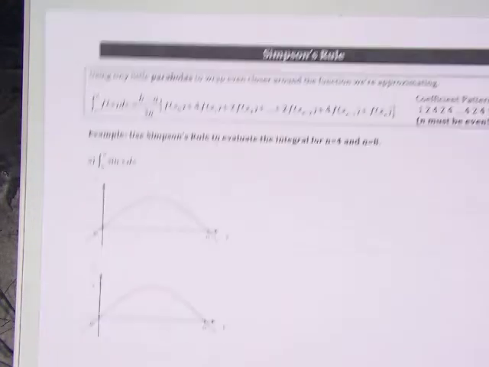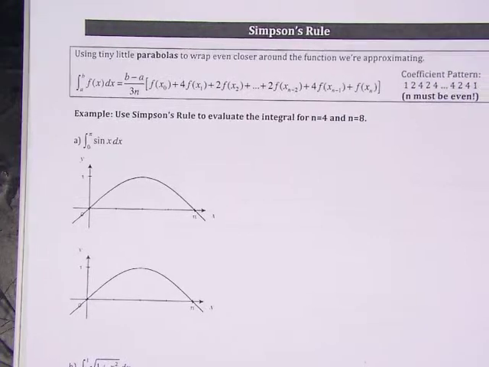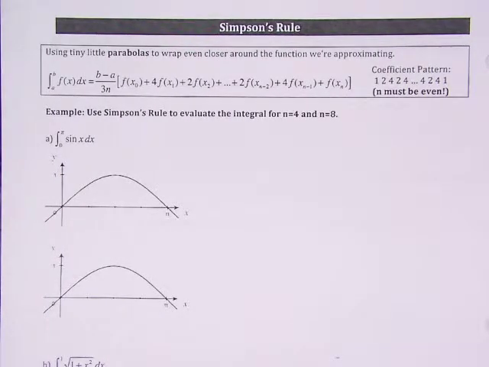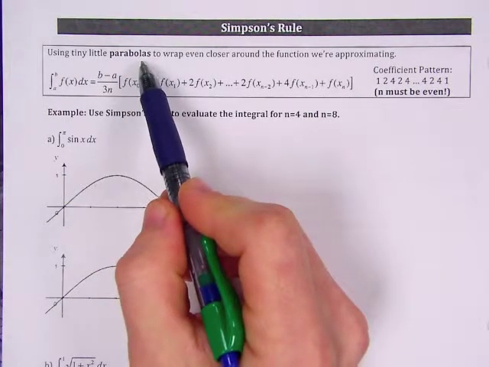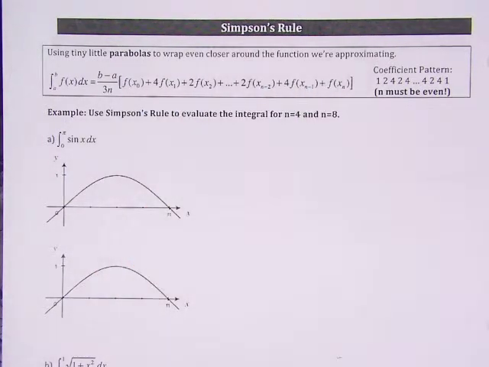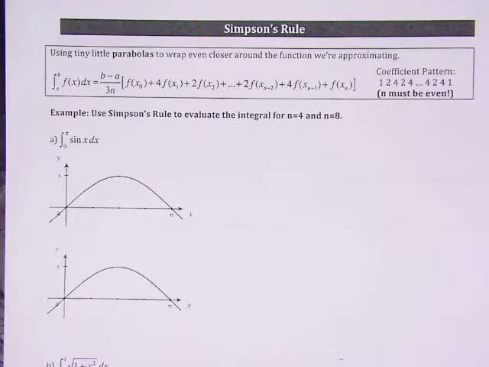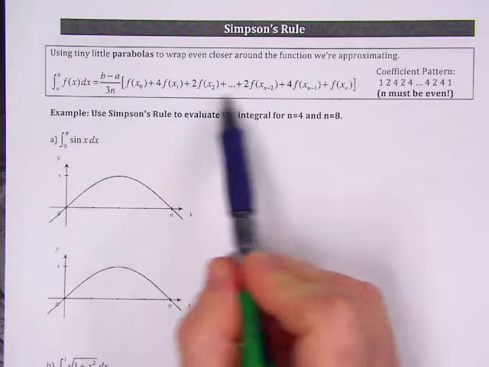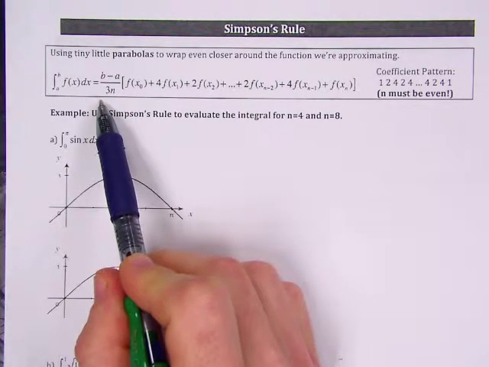So since you understand trapezoidal rule, Simpson's rule now says let's use tiny little parabolas to wrap even closer around the function we're approximating. In Simpson's rule, it's a very similar process to trapezoidal, except now it's divided by 3.